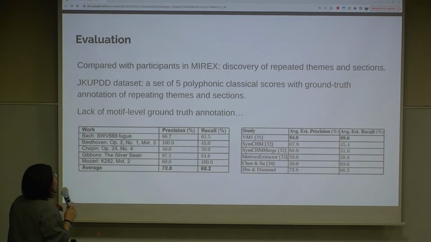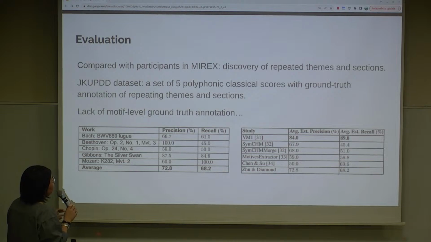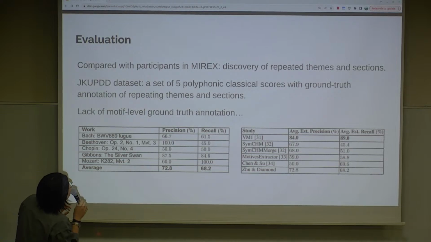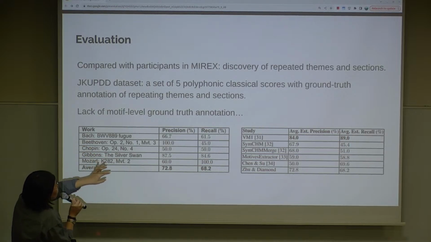And finally, evaluation. We compared with participants in the MIREX contest on discovery of repeated themes and sections. In this type of task, what everyone uses is a very small data set called JKUPDD, which has 5 polyphonic classical scores with ground truth annotation of repeating themes and sections.